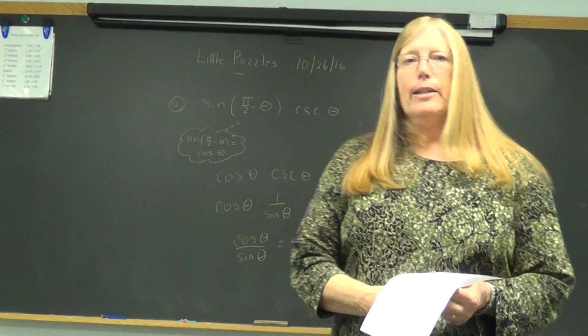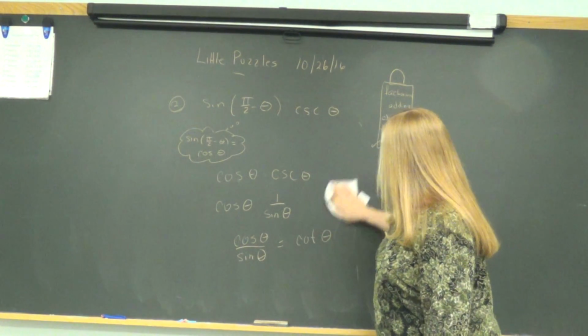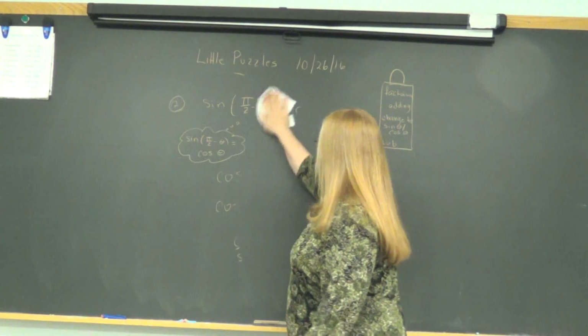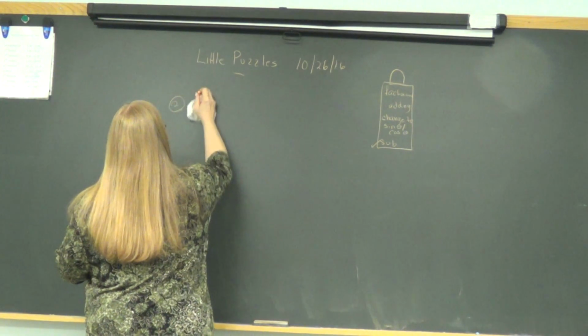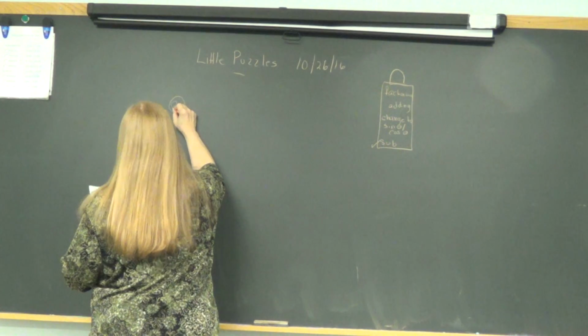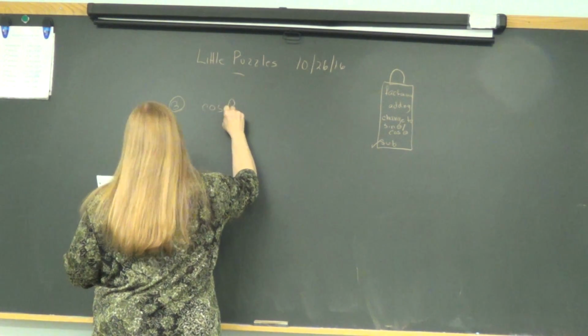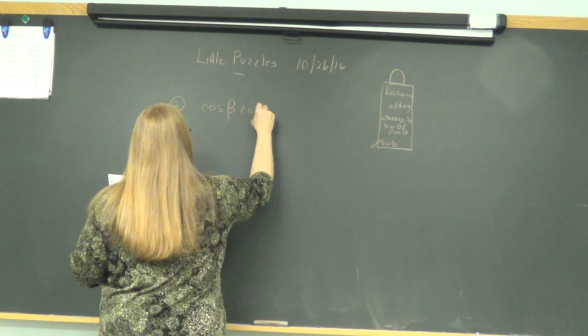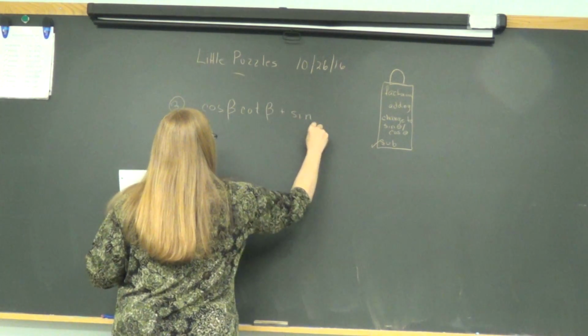I'm going to give you one to work on, see how far you can get on it, and bring your efforts in your comp book tomorrow and we will check it out. Cosine beta, cotangent beta, plus sine of beta.